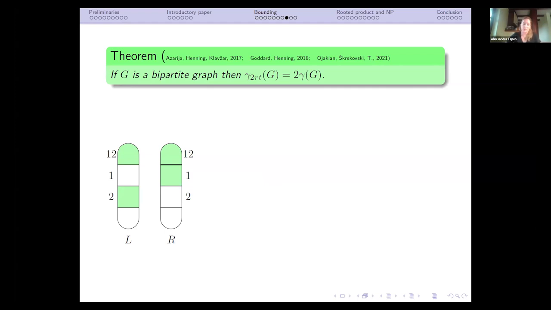I don't really remember the details, but a year later, Goddard and Henning found a shorter and more elegant proof. And now that we have this concept, our proof is even shorter. It can be squeezed into this empty space here. So let's take a look.